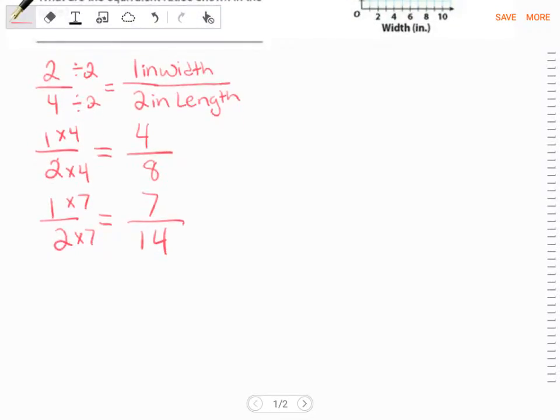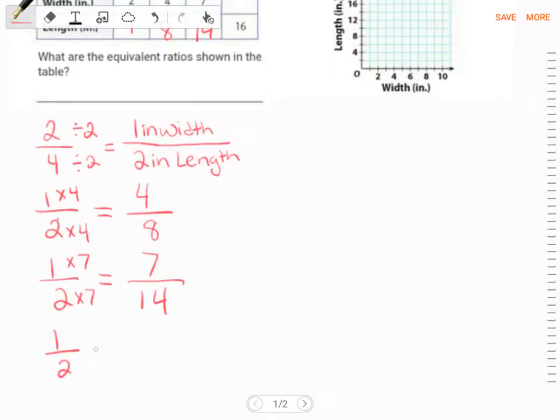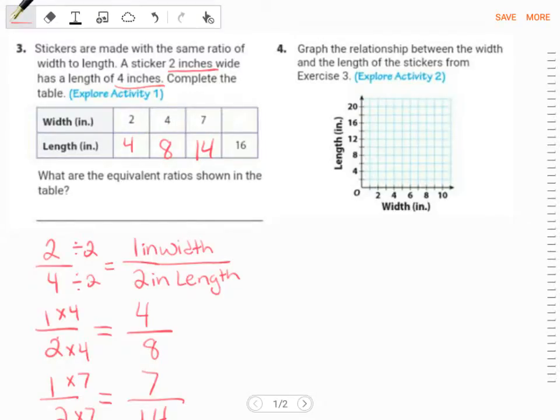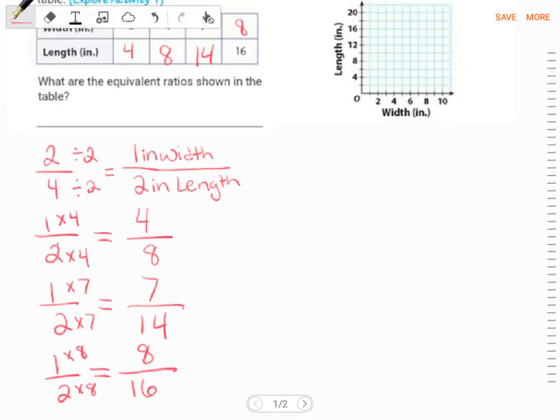And one more, we'll keep that same ratio, and we're trying to make the bottom number be 16. So if I'm trying to make the bottom number 16, 2 times 8 would have given me the 16 down here. If I multiply by 8 down there, I've got to do it on top. So I will end up with an 8 on top here. And so I can fill in my table.